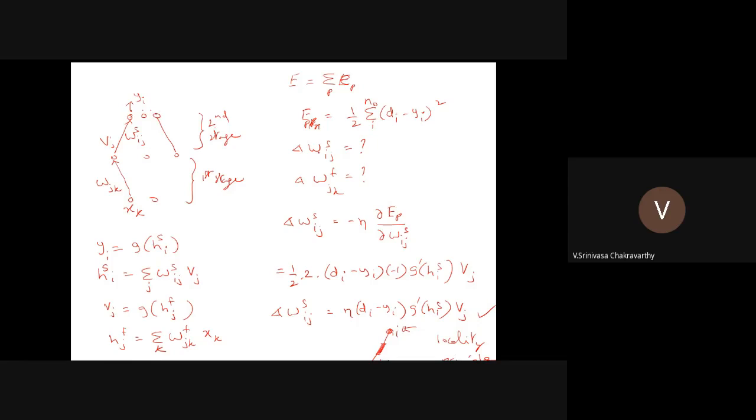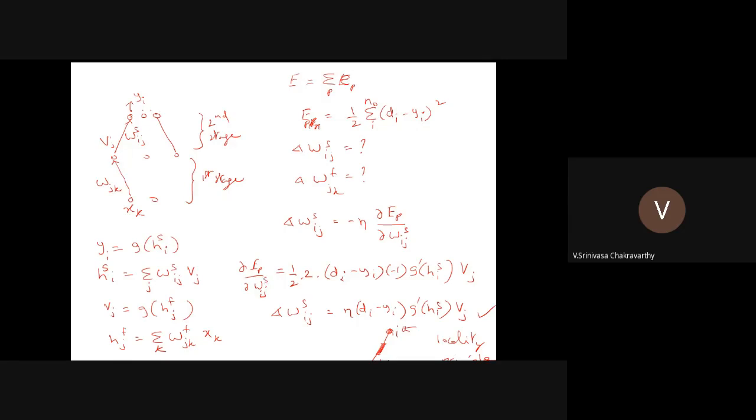So now let us calculate what is delta Ws ij and what is delta Wf jk. The rule is always the same, it's just gradient descent. For the second stage weights, Ws ij, you calculate the derivative, dou Ep by dou Ws ij.